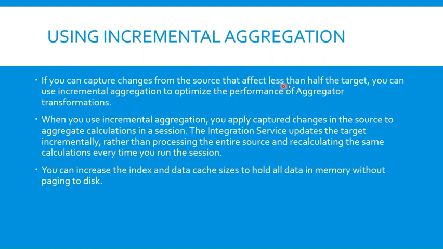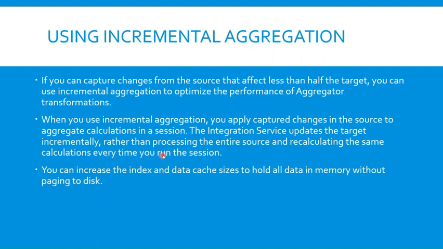Based on that, for the target, you can use incremental aggregation to optimize the performance of the aggregator transformation. When you use incremental aggregation, you apply captured changes in the source to aggregate calculations in a session. The Integration Service updates the target incrementally, rather than processing the entire source and recalculating the same calculation every time.